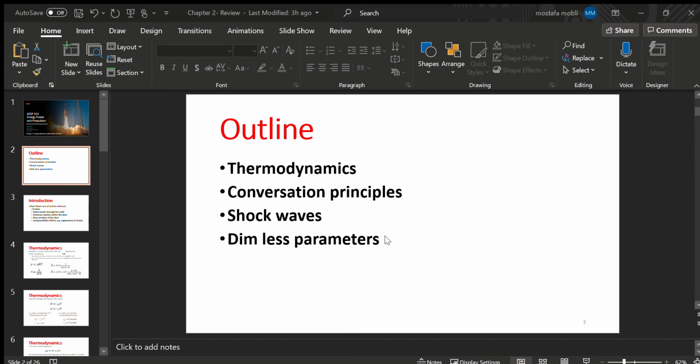Supersonic, their shock waves are generated. Exactly. So the main difference is going to be the generation of shock waves. And shock waves are essentially very thin layers after which there is a separation inside the flow, right? A discontinuity happens, right?